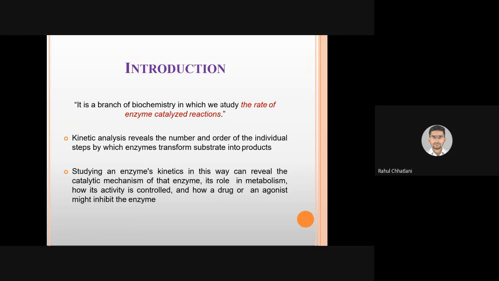Under enzyme catalyzed reaction, kinetic analysis reveals the number and order of individual steps by which enzyme transforms substrate into product. એટલે આ branch એમ કે through this study we will know number and order of individual steps, કેટલા steps લાગે છે, as well as number of reactions that are done to transform a substrate into product.